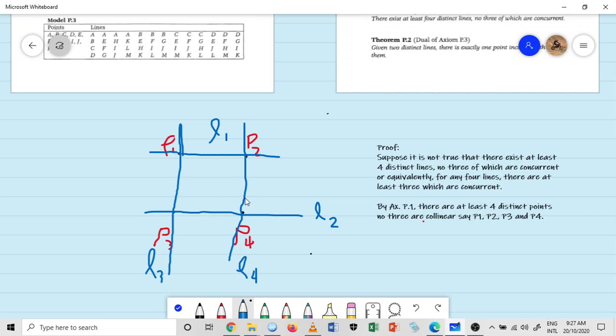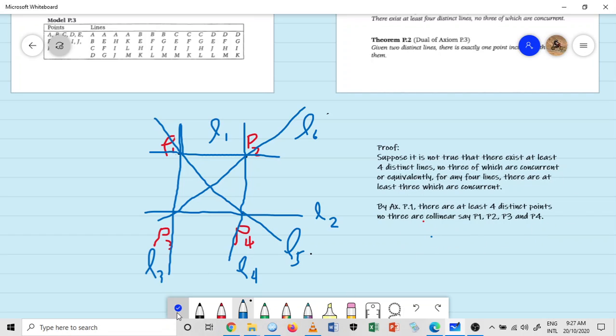An idea wherein a set contains 2 points P2 and P4. So there is also a line that contains P1 and P4. Let's call this L5. And a line that contains P3 and P2. Let's call it L6.